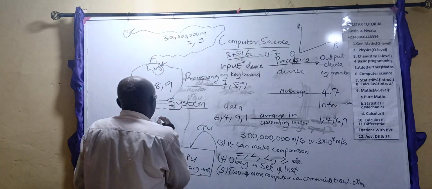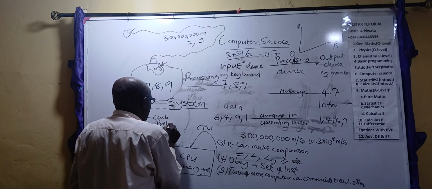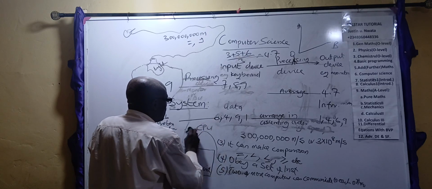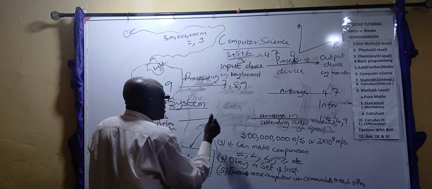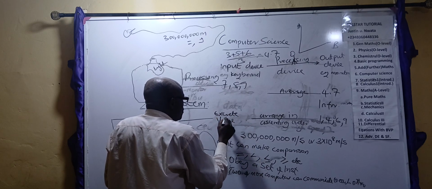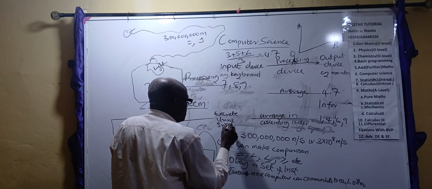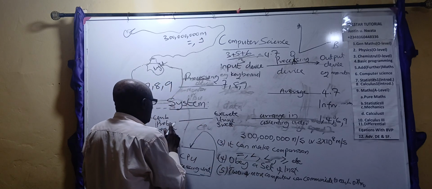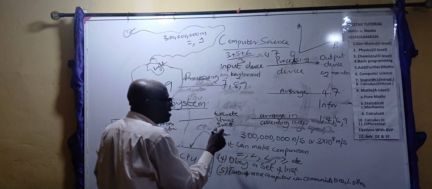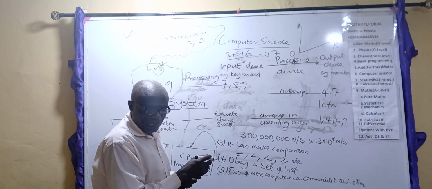As human beings, when we eat food, carbohydrates, protein, and drink water, what comes out is waste: excreta, urine, sweat, etc. So what comes in must be different in one way or another from what comes out. That's what makes something a system.